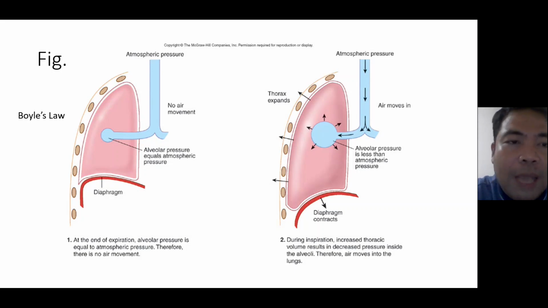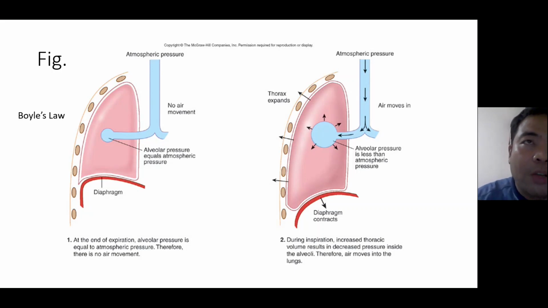So how will we apply that in our ventilatory process? You imagine that your lungs or your thoracic cavity is that container. Yung container na pinag-uusapan is your thoracic cavity, and yung gas is yung air present inside the lungs.